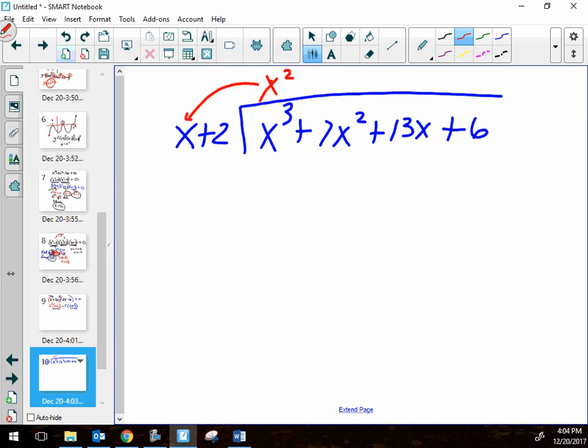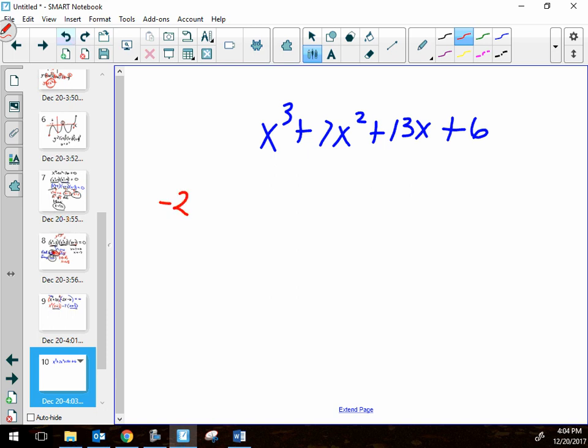So this times this makes this, and this times that makes 2x squared. And you draw a line opposite opposite. Remember that? Well, I think we can get away with just using not long division, but synthetic division. All right, so if they tell you negative 2 is a root of it, then you can put negative 2 in the little box, as opposed to when it was a factor. It's important you get the difference.